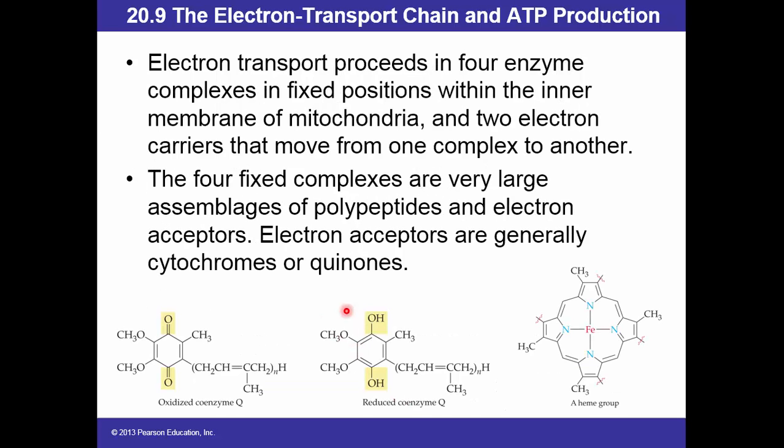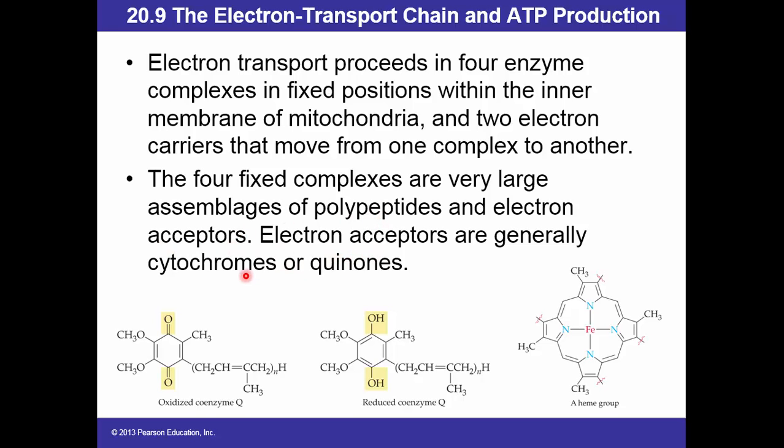Electron transport proceeds in 4 enzyme complexes, as I showed you, in fixed positions, complex 1, 2, 3, 4, within the inner membrane of mitochondria, and 2 electron carriers that move from one complex to another. The 4 fixed complexes are very large assembled bags of polypeptides and electron acceptors.